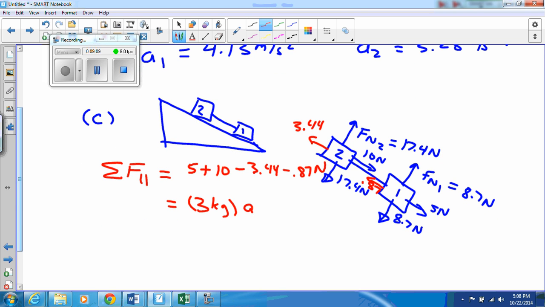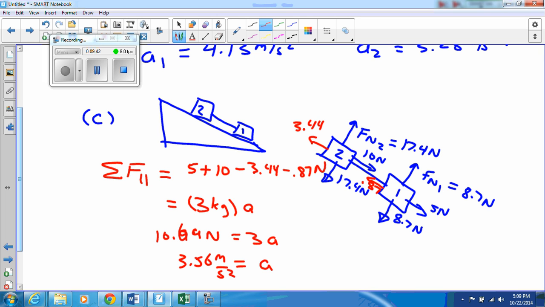And when you punch the numbers in, then you get a total of 10.69 newtons equals 3a, and the acceleration of the system is 3.56 meters per second squared.